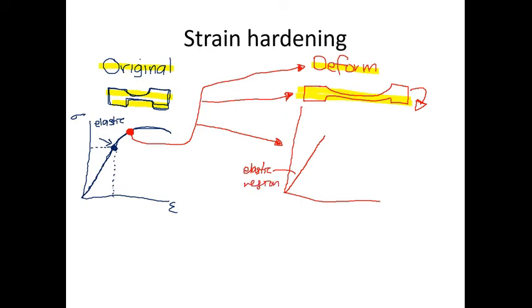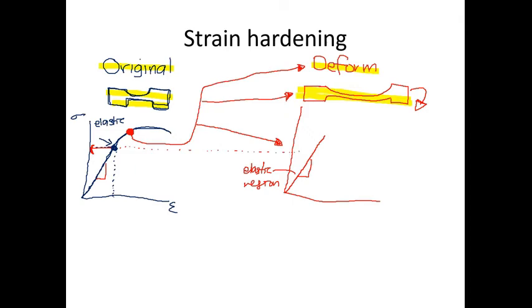When you calculate the gradient of the original and compare it with the gradient of the deformation sample, they are the same. These are the elastic point for the original sample, so it should be here, right?